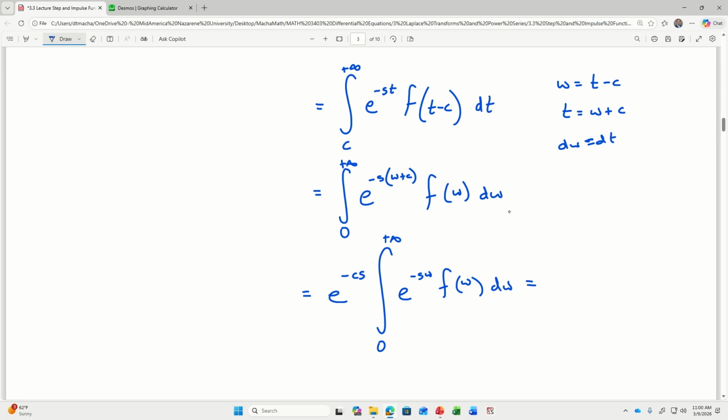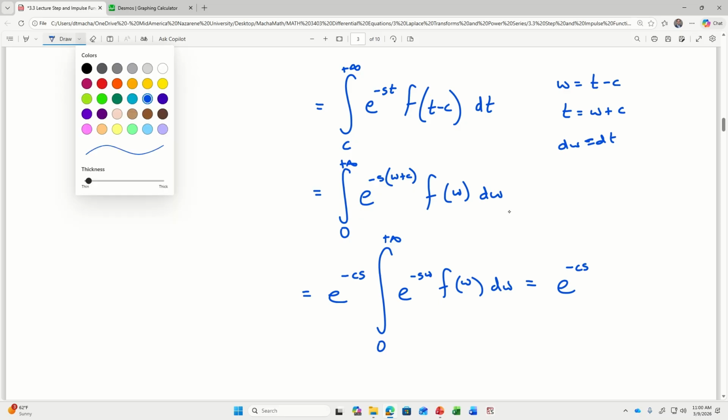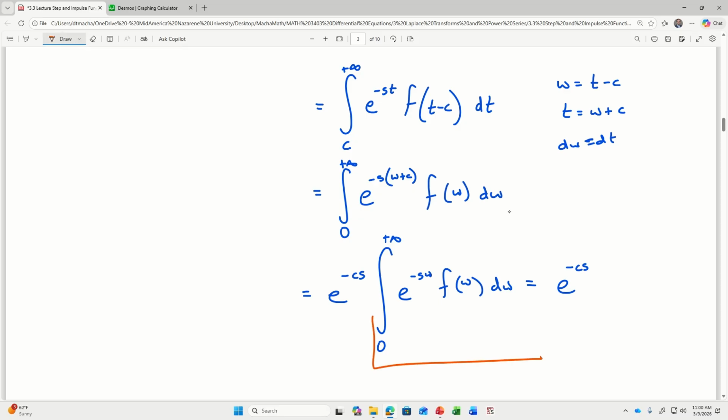So, of course, we have e to the negative cs, and what is that improper integral right there? This improper integral right here is the Laplace transform of that lowercase f function.